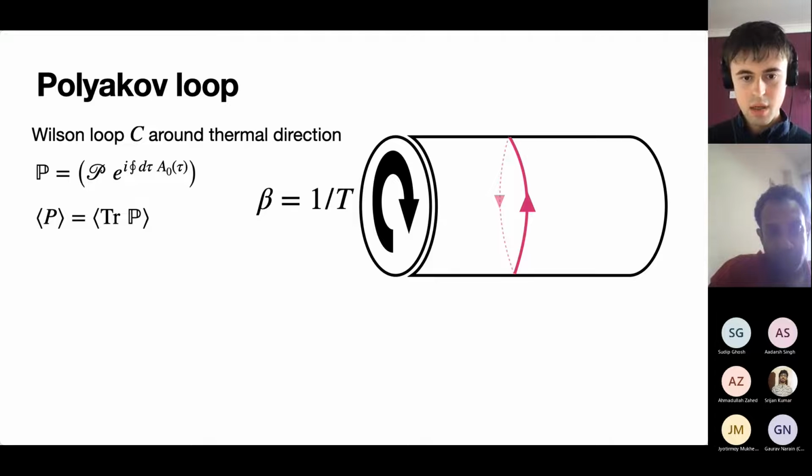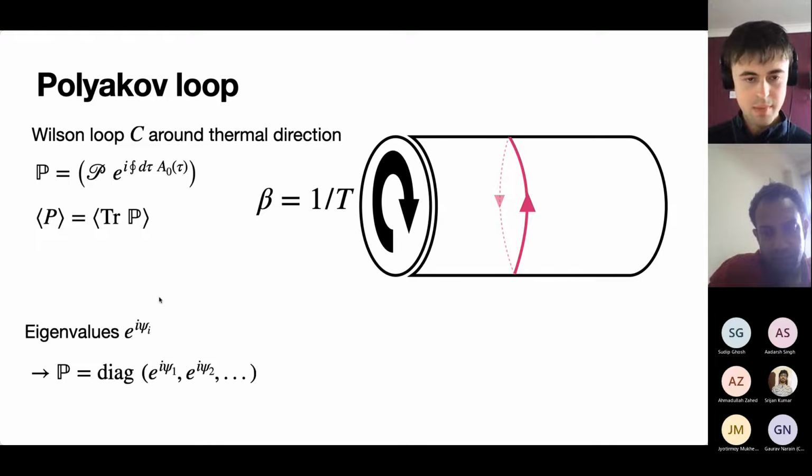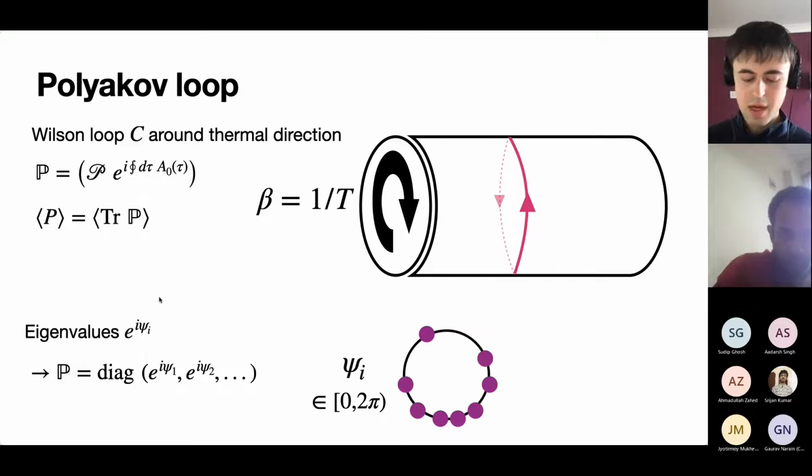The most convenient way to think about this object is by diagonalizing it and then taking the eigenvalues. If you look at this expression, you can see that the eigenvalues will all be phasors. So it's often convenient to represent these eigenvalues on a circle here. So this encodes the holonomy and the Polyakov loop before tracing.